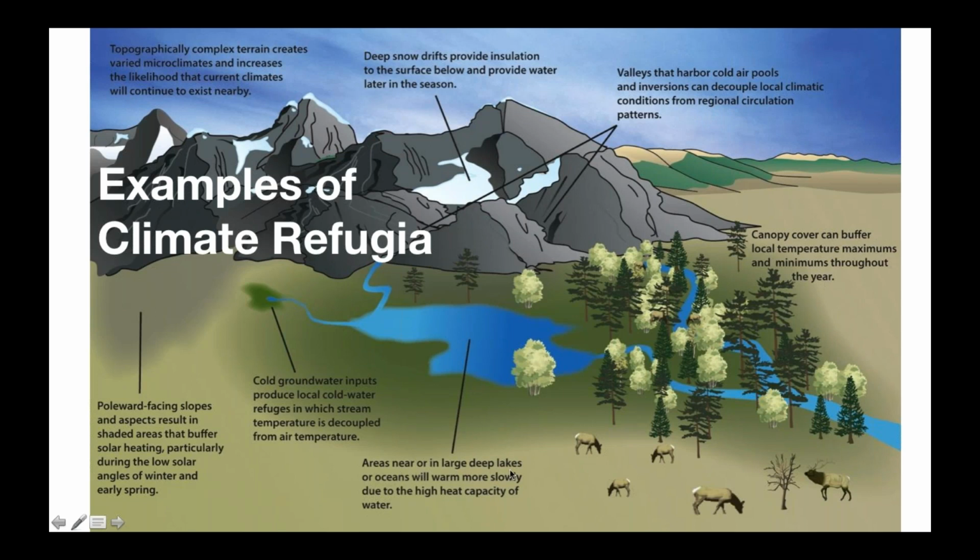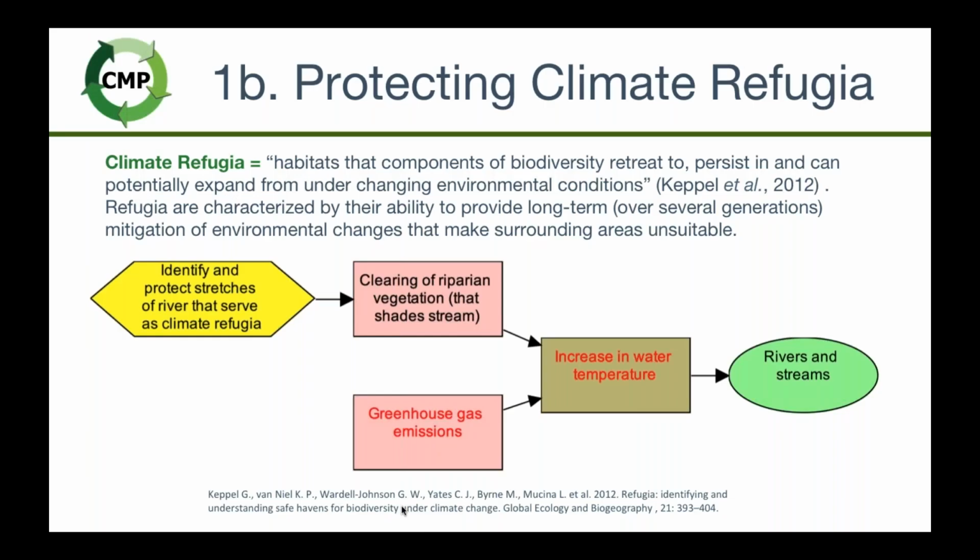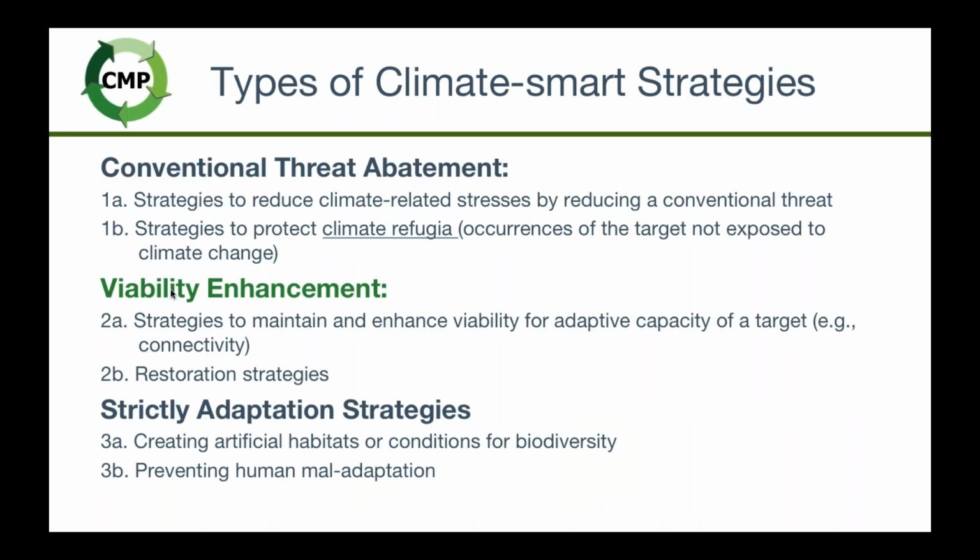Areas near or in large, deep lakes or oceans will warm more slowly due to high heat capacity of water. So just a few examples of climate refugia. So the idea here is, we put this in the threat abatement category because really what you're trying to do is to identify and protect these refugia. So protect them from conventional direct threats.